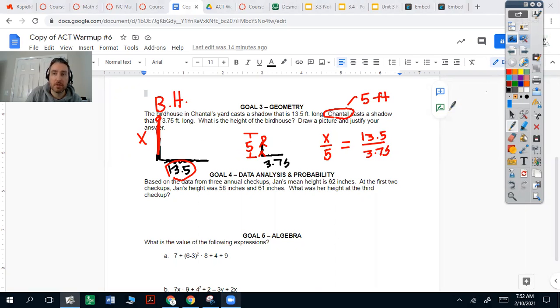And then you can cross multiply and solve the equation. So 3.75 times x is equal to 5 times 13.5. So let's use our calculator. 5 times 13.5 is 67.5.